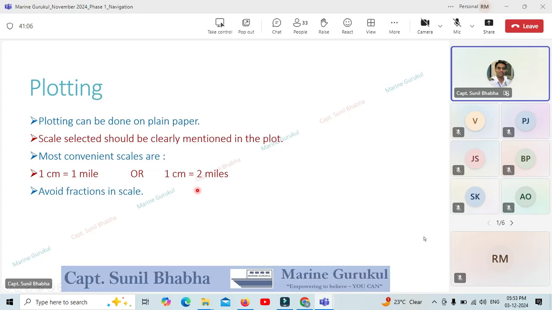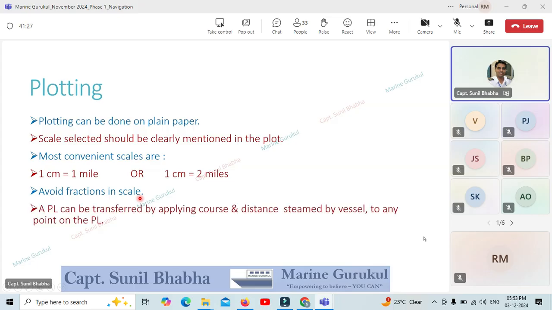Now, even if you have to use a bigger scale for some question, avoid putting any fractions in the scale. Avoid taking 1 centimeter equal to 1.5 mile or so. Fractions in scale will lead to errors. It will become difficult and time taking to convert plot values to actual values. So fractions should be avoided.